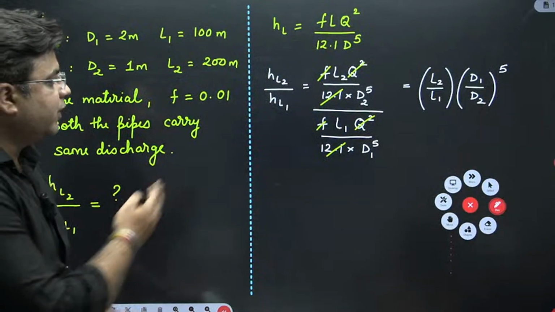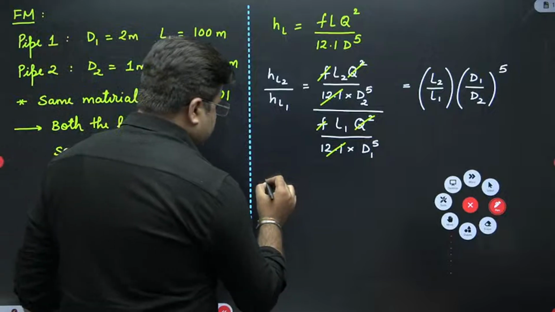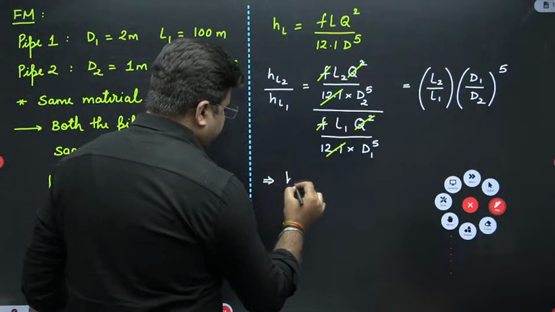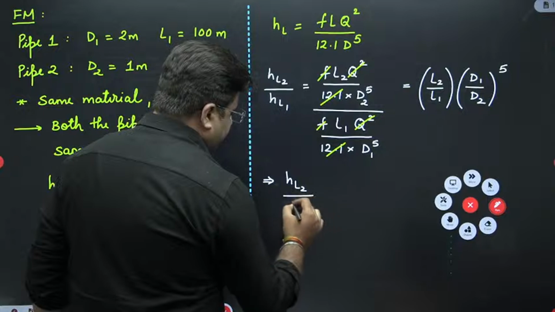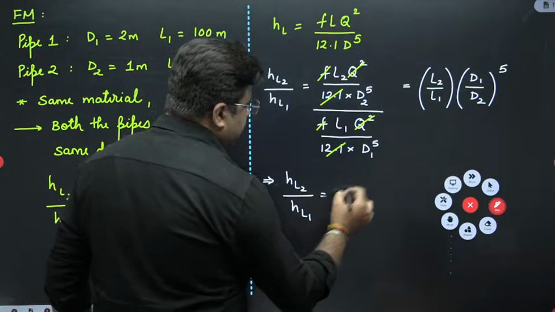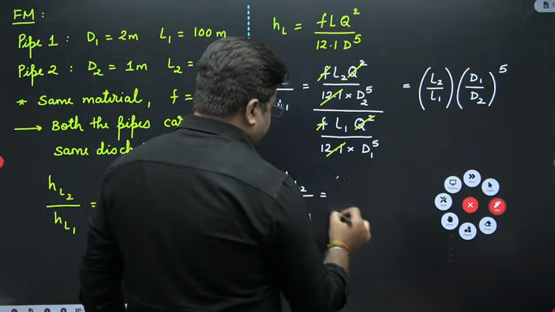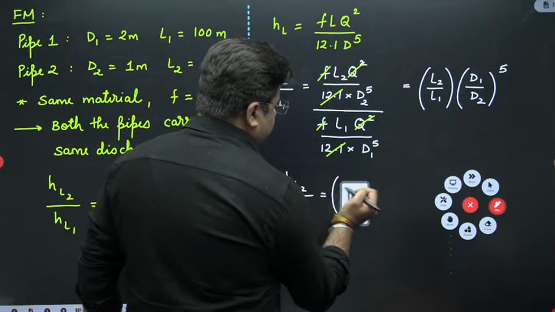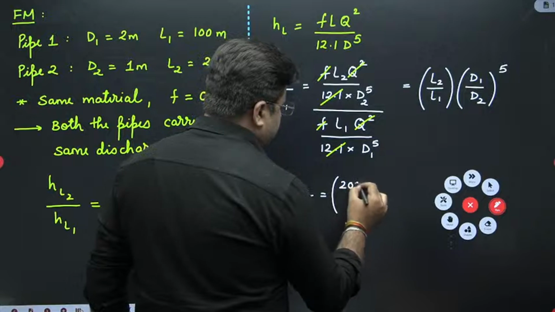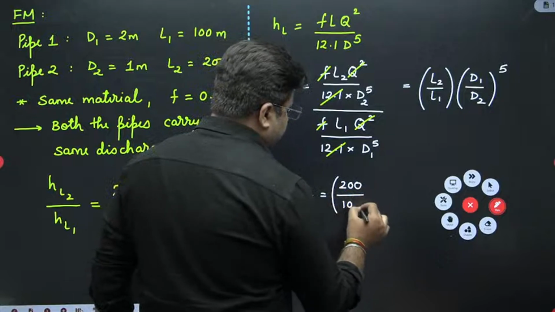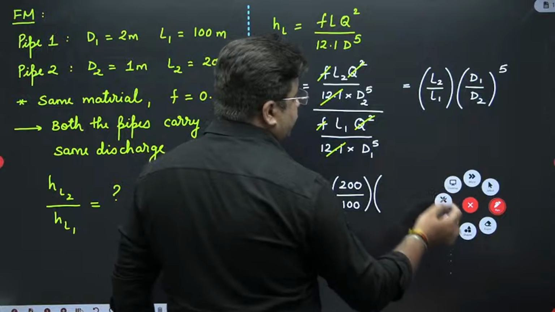You can very well find out this value of head loss for pipe 2 to head loss for pipe 1. So HL2 divided by HL1 is equal to L2 is 200, L1 is 100. Then you have D1 by D2.